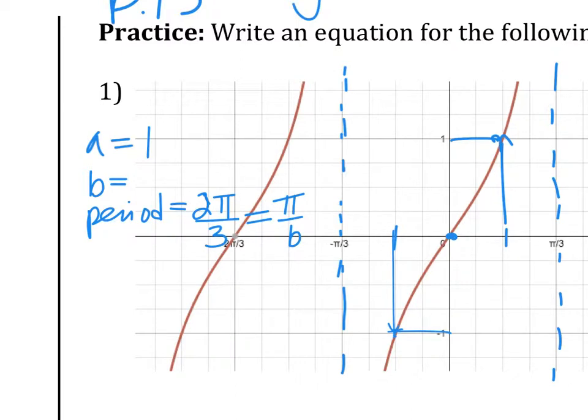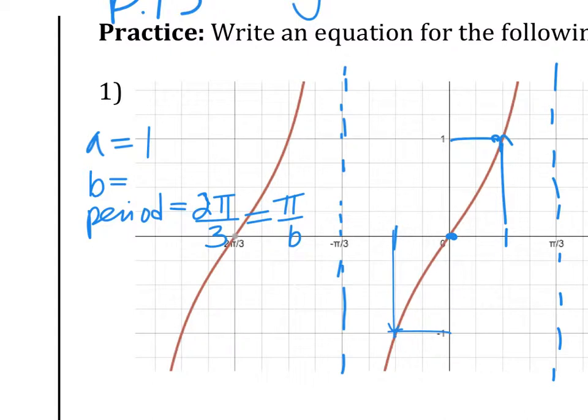What you can do is look at it. If you had a cosine graph, within each cosine graph you can see that there are 2 tangents, right? So there should be another one here. So every cosine has 2 tangents, making the tangent period half of the period of cosine.